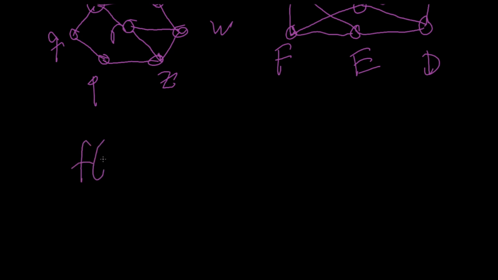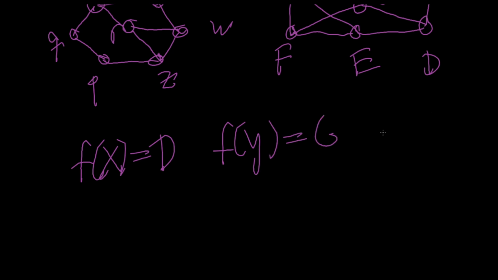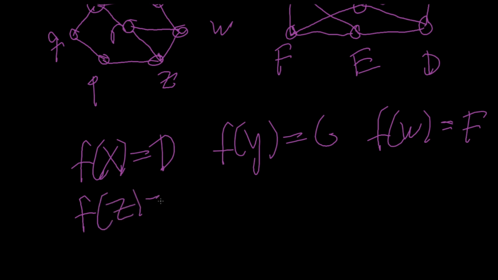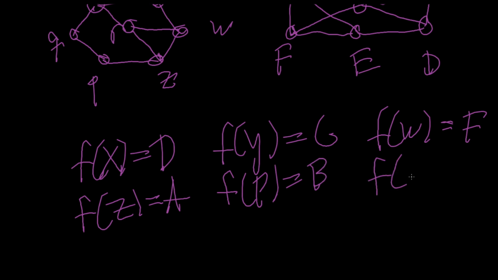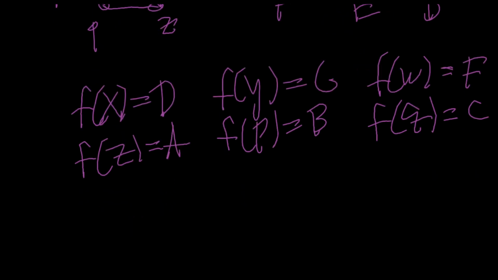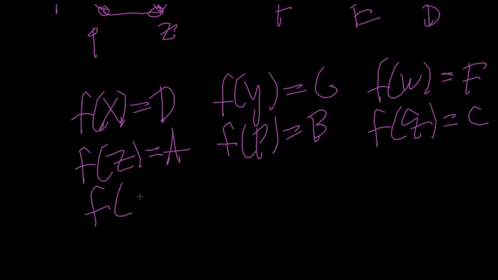Let's say f of x is equal to d, f of y is equal to g, f of w is equal to f, f of z is equal to a, f of p is equal to b, and f of q is equal to c, and finally f of r is equal to e.